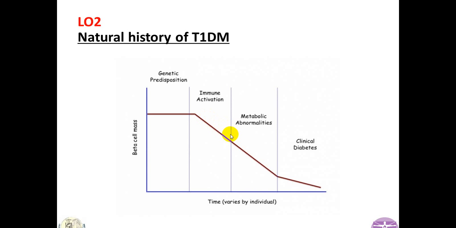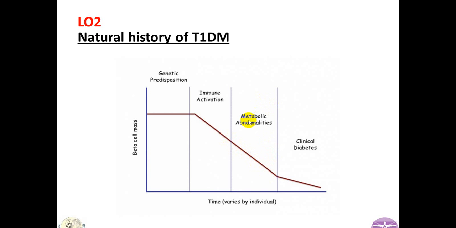But so far, there are no features of diabetes because half of the beta cells of the pancreas are still there. And then after a few weeks, the patient will have metabolic abnormalities with further reduction in the number of beta cells of the pancreas.